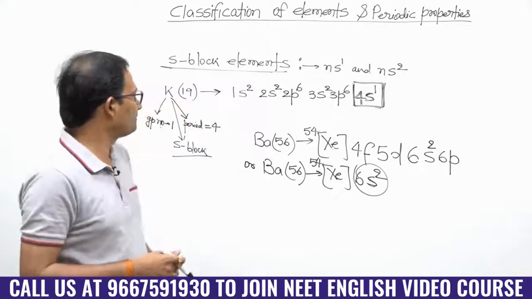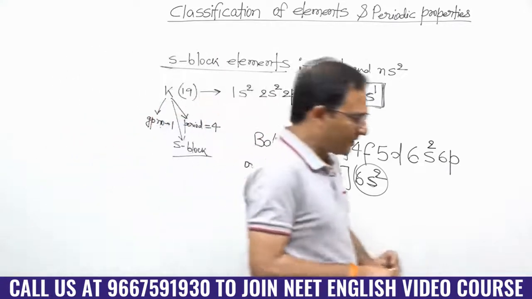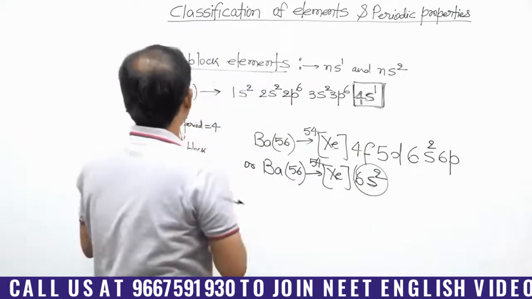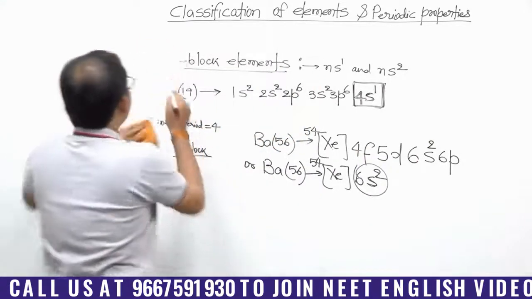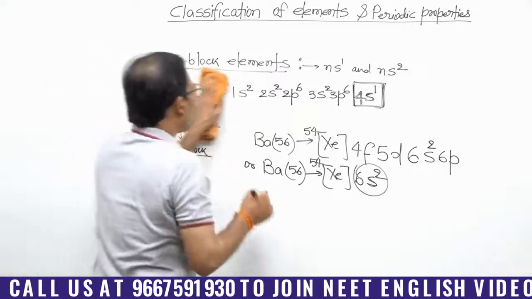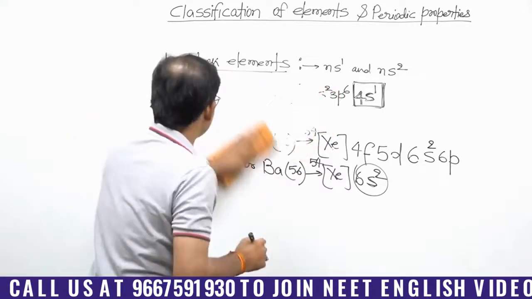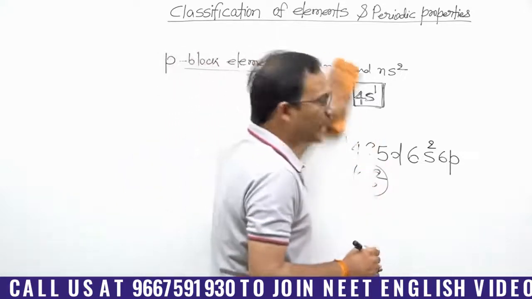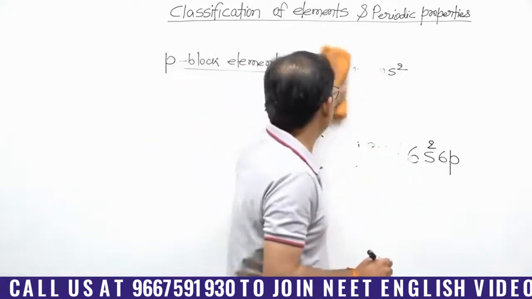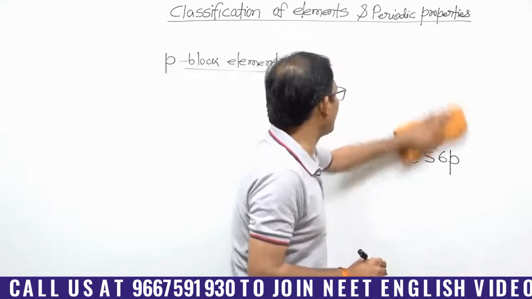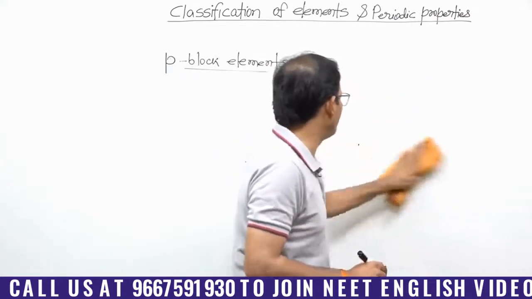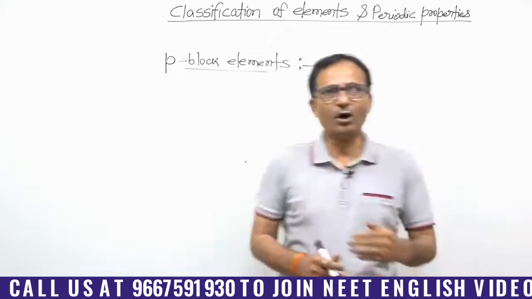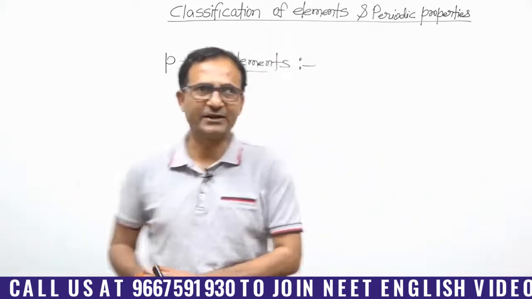Okay, now after s block elements we will discuss p block elements. What are p block elements? Those elements in which the last electron enters into p orbital are called p block elements.